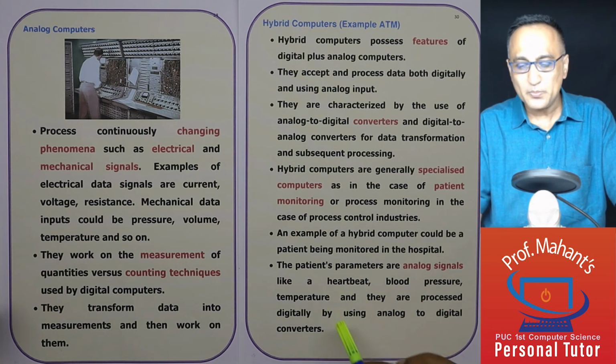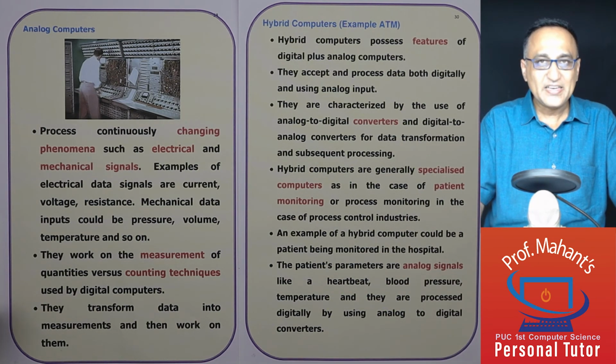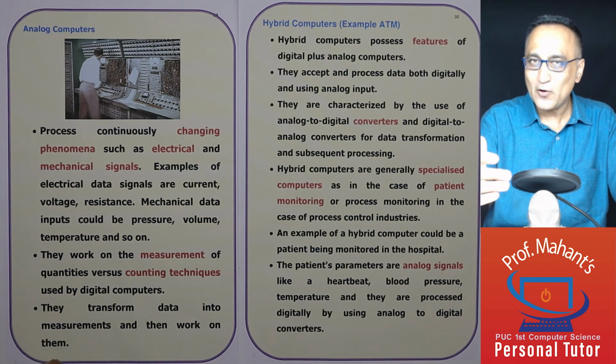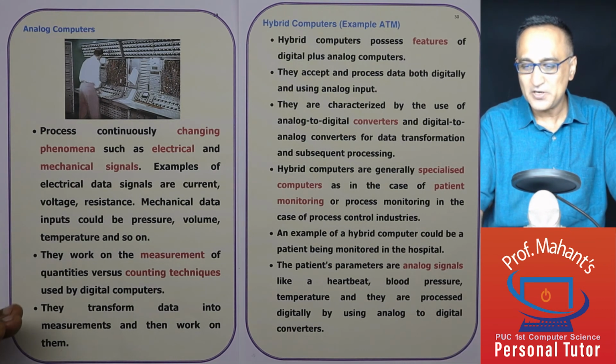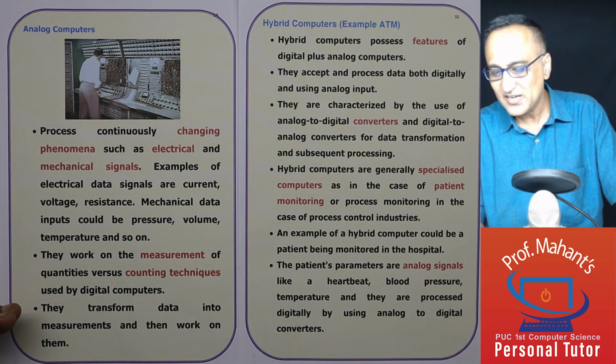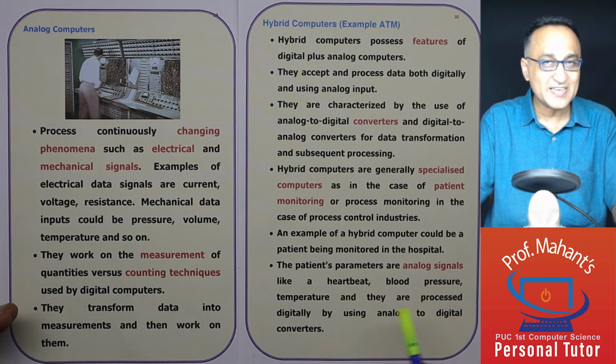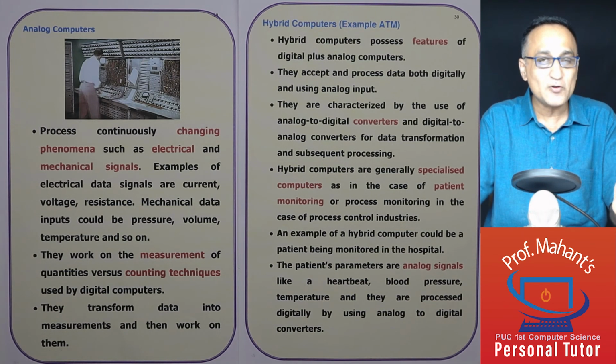So a hybrid computer takes an input which may be digital, converted into analog, or the input may be analog, converted into digital, like in this patient monitoring system where it's converting the heartbeat, temperature, blood pressure from an analog or a physical input into digital values of 0 and 1.